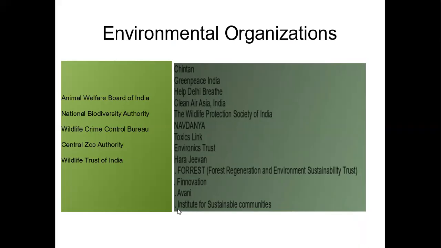There is a list of environmental organizations here, like Animal Welfare Board of India, National Biodiversity Authority, Wildlife Crime Control Bureau, Central Zoo Authority, Wildlife Trust of India, and some non-government organizations like Chintan, Greenpeace India, Healthy Bay, Clean Air Asia India, the Wildlife Protection Society of India, Navdanya, Toxic Links, Environics, Harajivan, Forest Innovation, Avani, Institute of Sustainable Communities, and so many organizations are there. You can write any two or any four, depending upon your question.